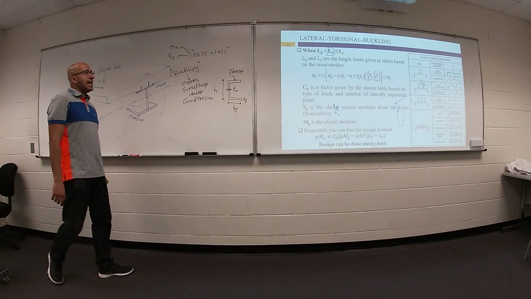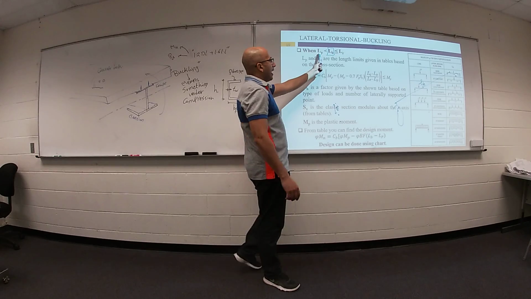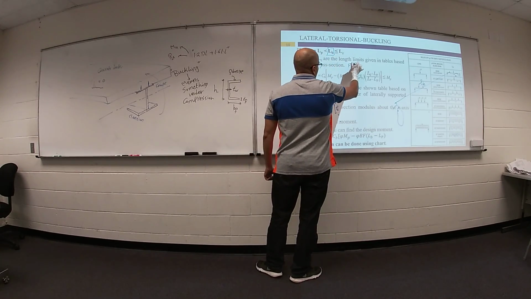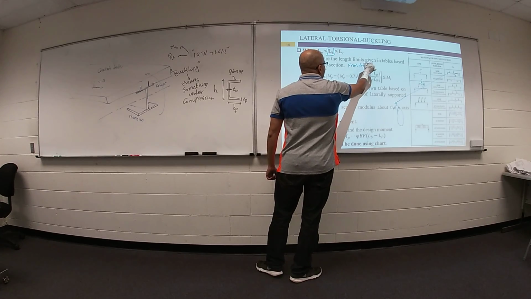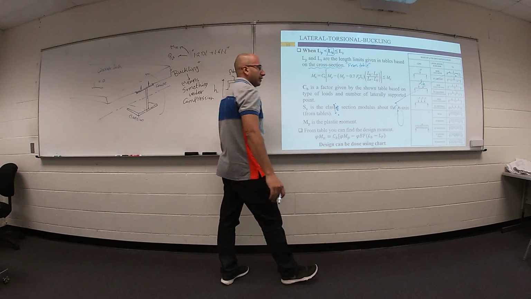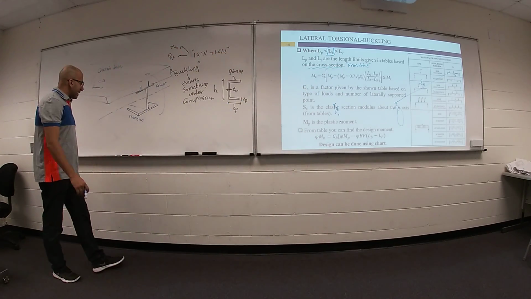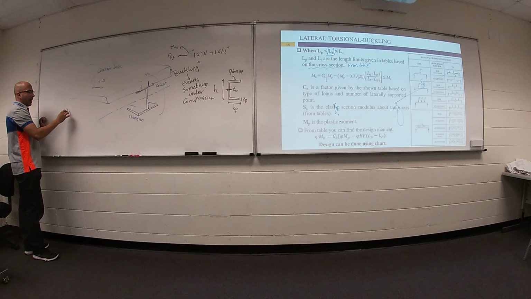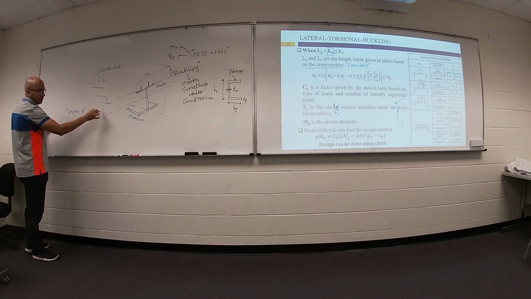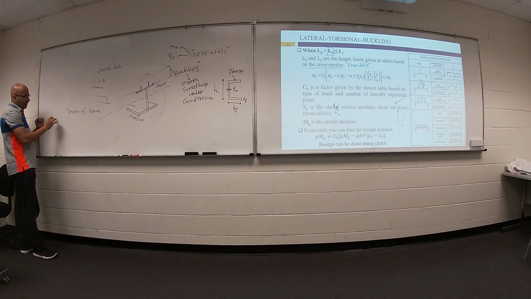Second term, LP and LR from the table, based on your cross section. So we have a table called design of beam. Do you remember? This table can tell you the cross section name, maybe for example W20 times 50.